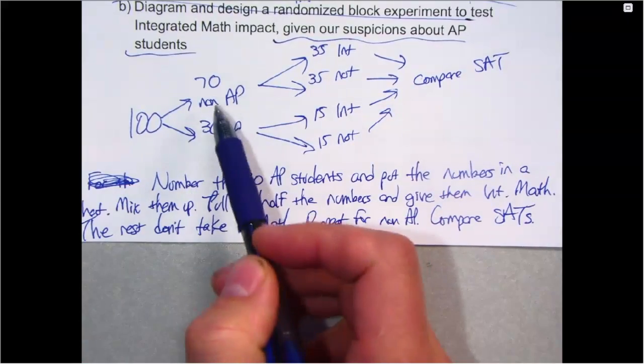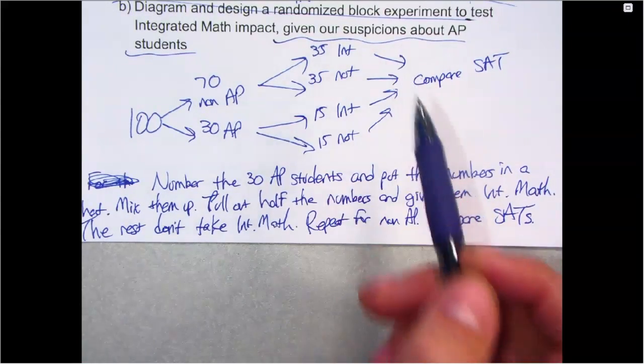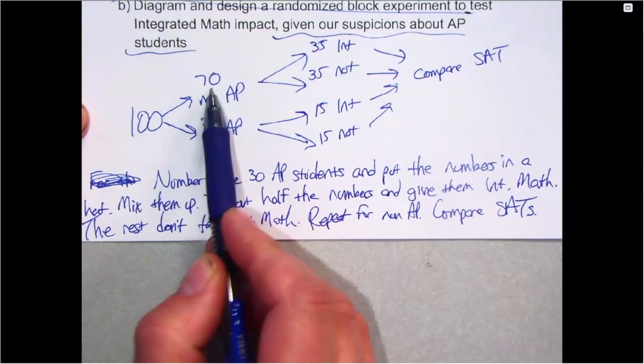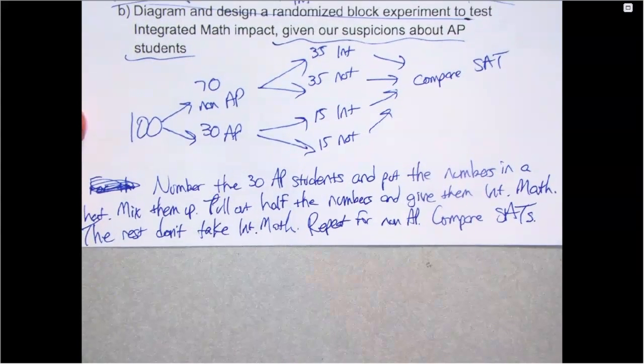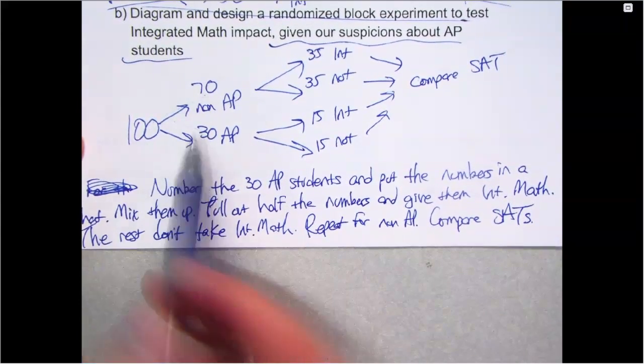So, the idea is that I think AP matters, so I split it up by AP. If I thought gender mattered, like if I thought males didn't benefit from integrated math and females do, I would split it up based on males or females. If I thought whether you drove to school or not mattered, I would split it up on that.